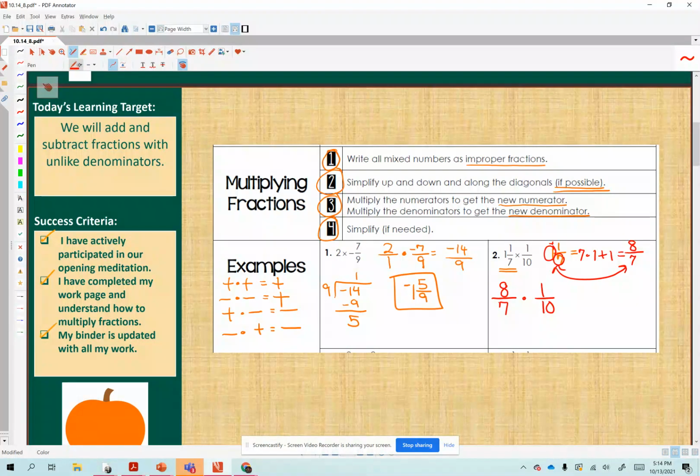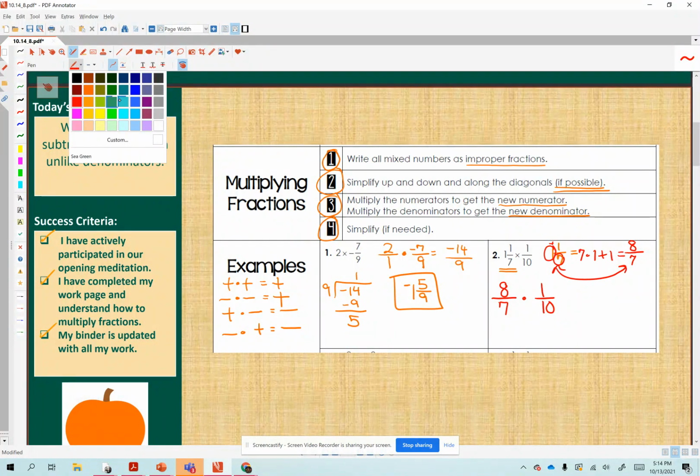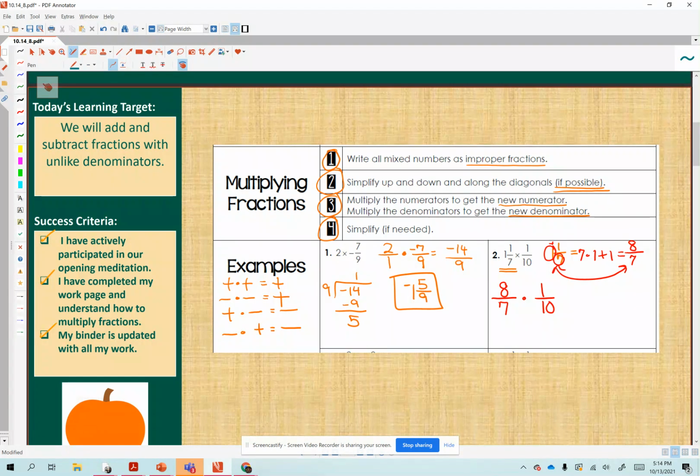Now, here's something new. We can do something called cross simplify. We're going to look at the 7 and the 1 and see if there's any way we can simplify those numbers, and we can't because one of them is a 1. So now we're going to look at the 8 and the 10. Is there any common factor to 8 and 10?